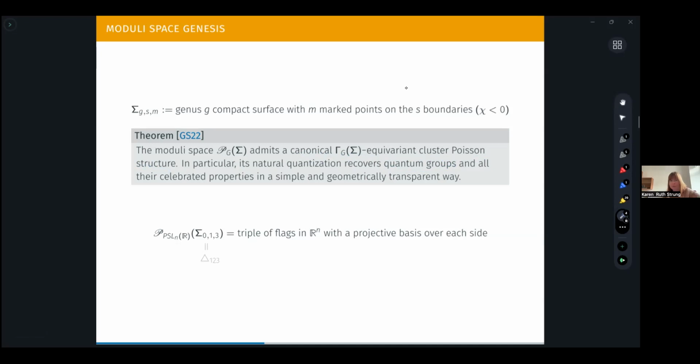You're talking about Drinfeld-Jimbo, I guess? Yes. So U_q(g), the standard deformation of the universal enveloping algebra of semisimple Lie algebras, indeed.